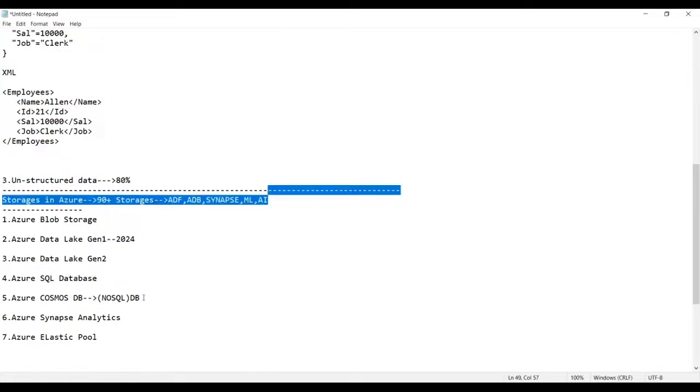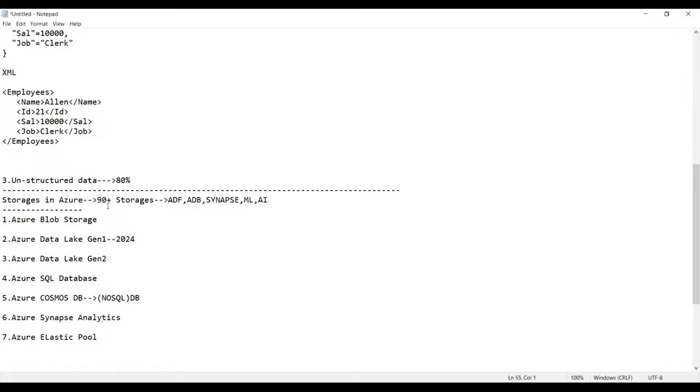Now I'll show you how to see how many 90 plus storages you have. How to see the storages, guys. Everyone, I'm sharing this tab once again.